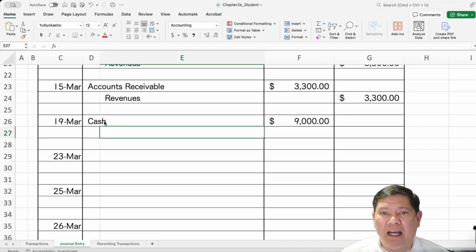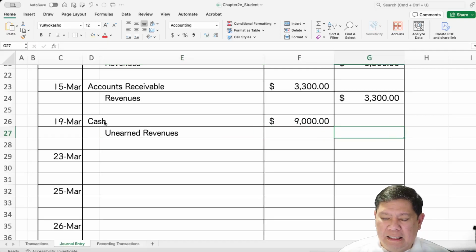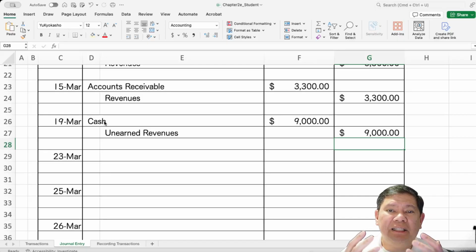We have not earned it yet because we haven't done anything as a company. So this is called unearned revenues, $9,000, and it's an obligation. It's a liability because by receiving the $9,000, we have the obligation to provide the service for the next 3 months.